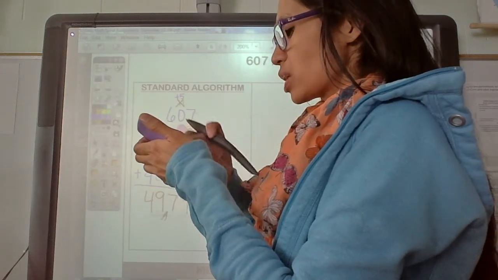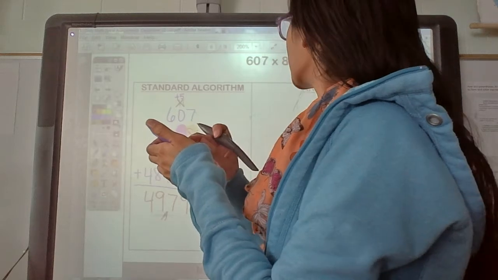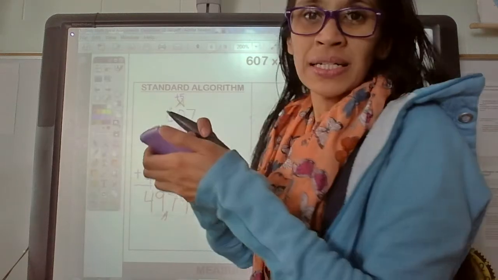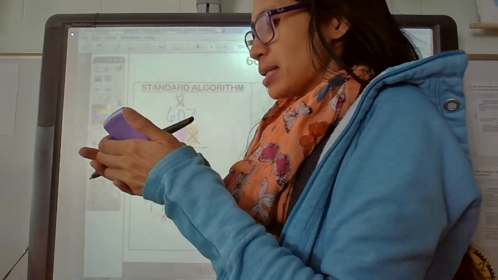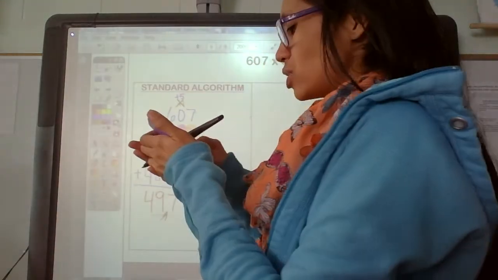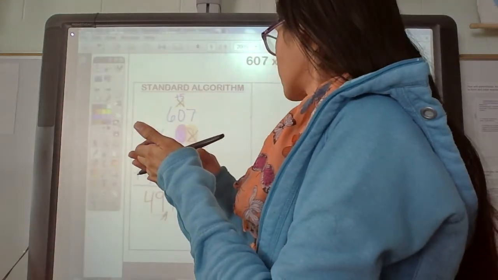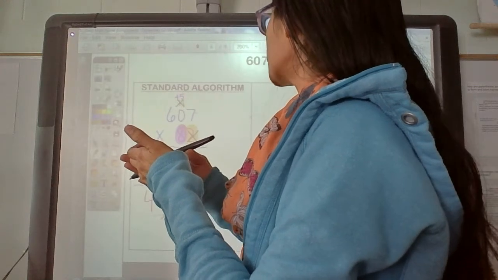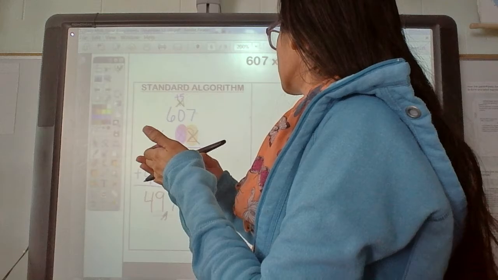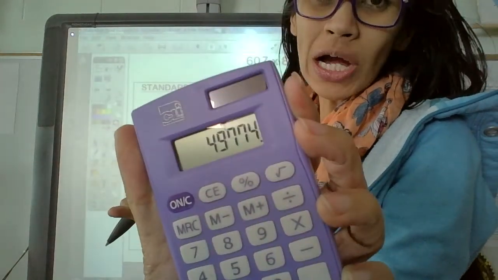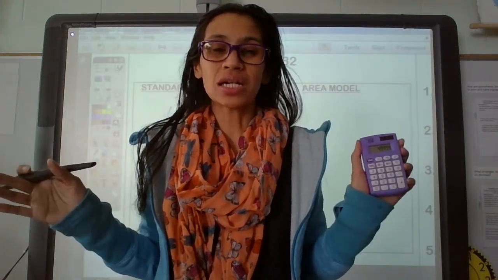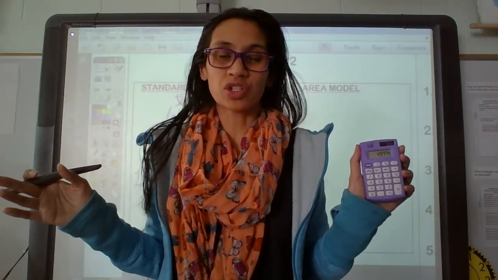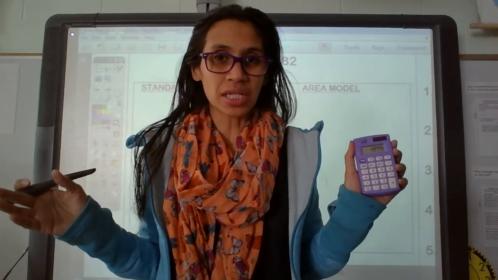No. 607 times 82. What? What is wrong with Miss Alana? Why does it say that? I need some multiplication sprinkles right now, because I don't know why Miss Alana keeps messing up on these.